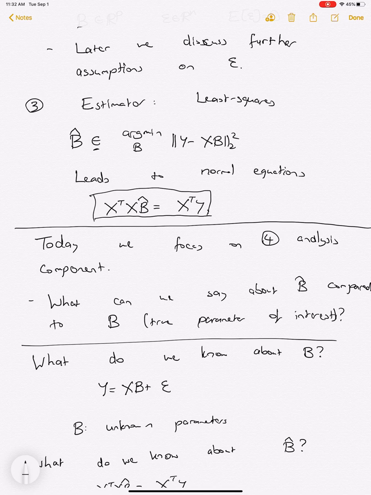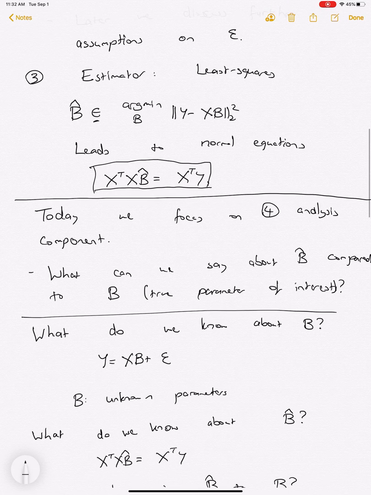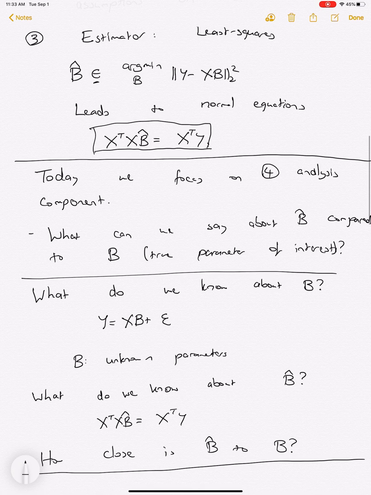And so the two things to keep in mind that we're going to use a lot today are this linear model y equals xb plus epsilon, and then these normal equations x transpose x b hat equals x transpose y, because these are properties of the original model and then the estimator. So today we focus on 4, which is the analysis component. And so what we mean by analysis typically will be, what can we say about b hat, which is the estimator, compared to b, which is the true parameter of interest in our model?